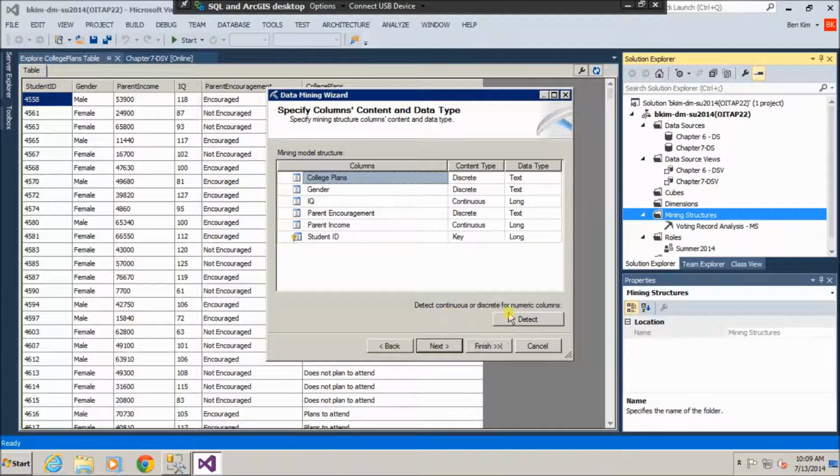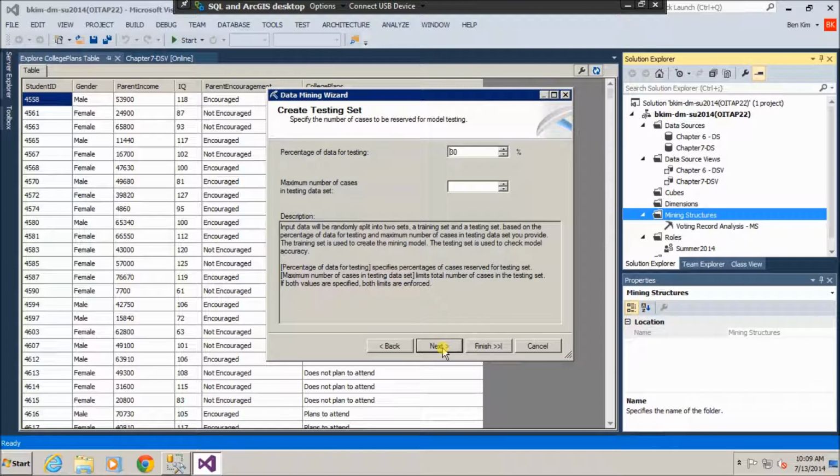Or you can actually use this detect functionality. So let's try that. It looks okay anyway. Next. So we're going to use about 30% for testing. So for actual data mining, we'll use the rest of them, so basically 70% of the data available.